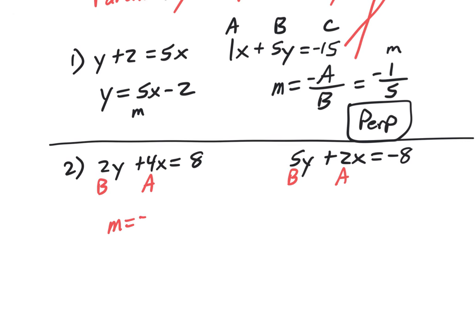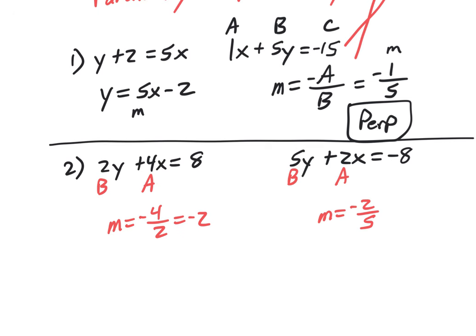So this one would be negative 4 over 2, which is negative 2. This one here is opposite of a over b, negative 2 over 5. Okay, are these two parallel? Definitely not the same.